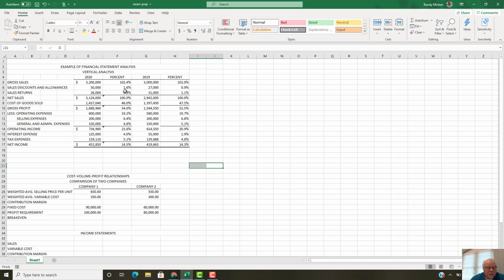Then sales returns, of course, those are down a little bit, so that's good. That means that even though I gave more allowances out, I received fewer returns, 1.1% versus 0.8%.